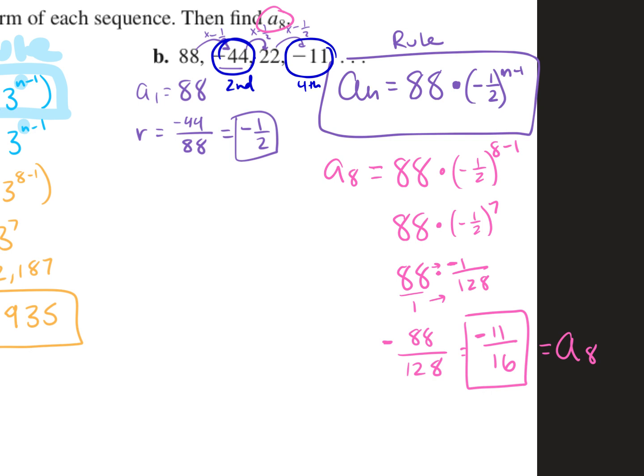Second, 2 is an even number, second is negative. Third term, third's odd, so that would be positive. Fourth term, 4 is even, so it's negative. So it alternates. So the 8th is even, so the 8th term would also be negative. So you can just check because your signs are going to alternate. So that's one way to just double check your work.